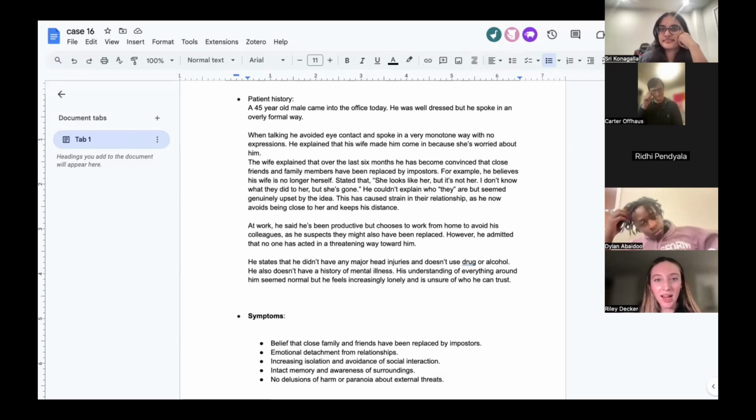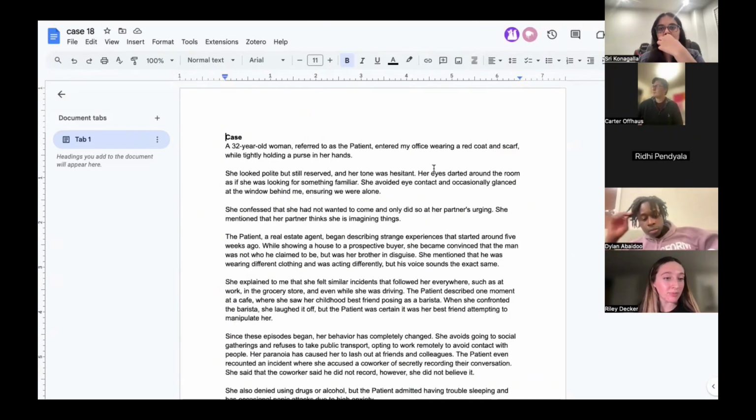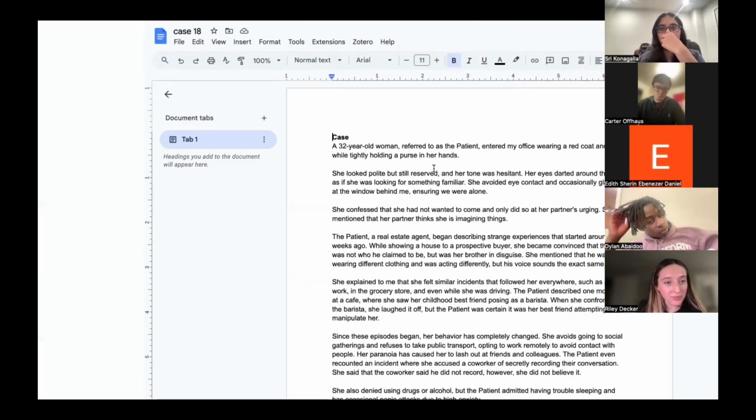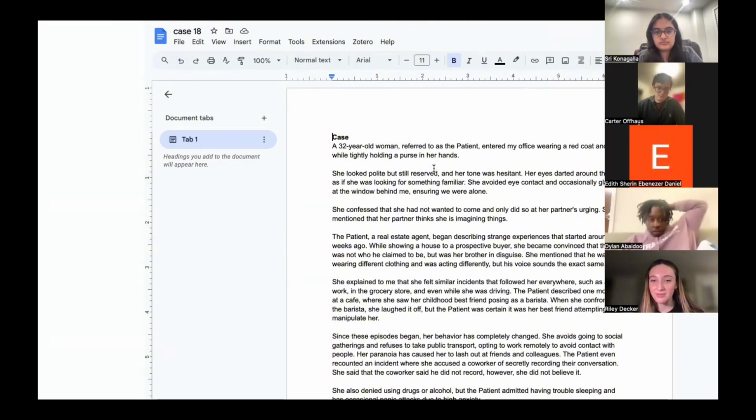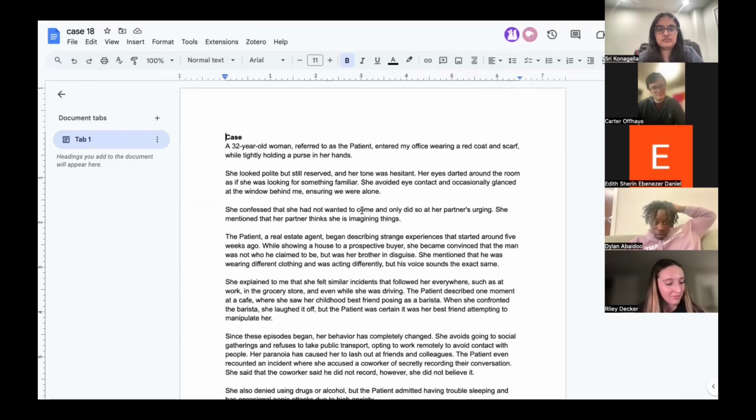So next we have group 18. It's a similar condition to what was said before. I don't know if I'm pronouncing it right, but it's Fregoli syndrome. It's basically when a person thinks that people close to them, like family members or friends, are disguising themselves as strangers and trying to fool them, following them, trying to harm and deceive them.